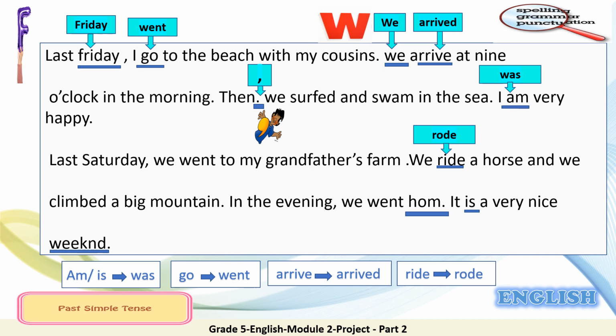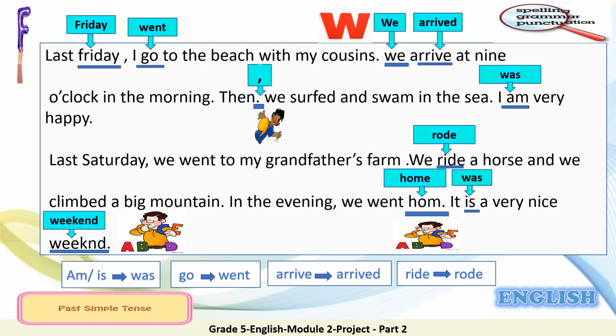The verb to be is must be was. Here the words home and weekend were misspelled. The word home must be written like this. And the word weekend must be written like this.